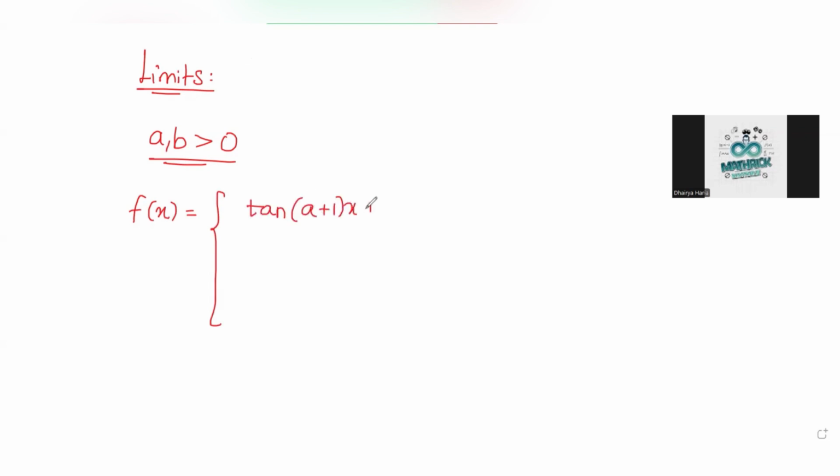Let's see today's question. Today's question, we are taking up from the topic of limits. The question tells us that for a, b greater than 0, the function f of x is defined as tan of (a plus 1)x plus b tan x divided by x for x less than 0.